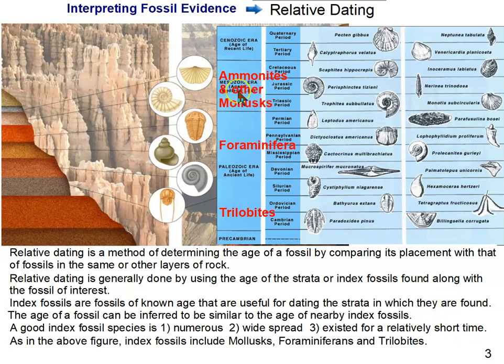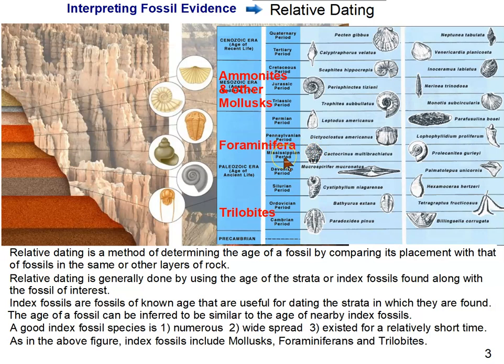So, for example, mollusks in general fossilize really well because they have shells. Foraminiferans fossilize really well. You probably have never heard of foraminiferans, but they're microscopic amoebas that form calcium carbonate shells around themselves, and therefore they fossilize well. But they're microscopic. You need a microscope basically to see them in the rocks, but they are very good index fossils.